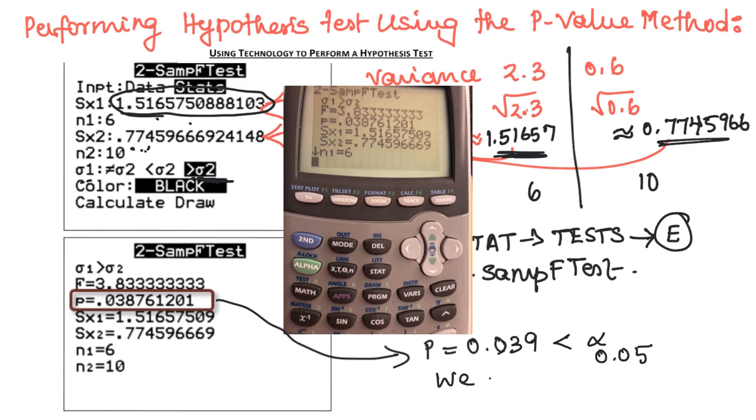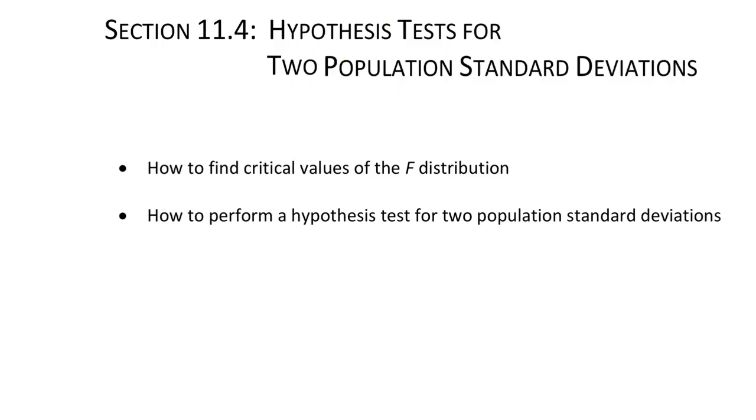So we reject the null hypothesis at the alpha equal 0.05 level. So in this section, you learned how to find the critical values of the F distribution and how to perform the hypothesis test for two population standard deviations.